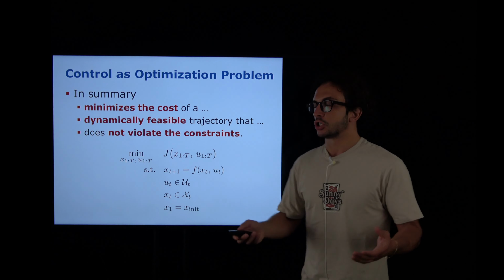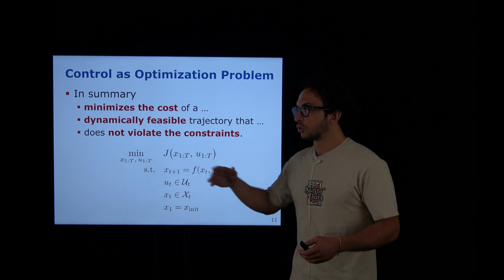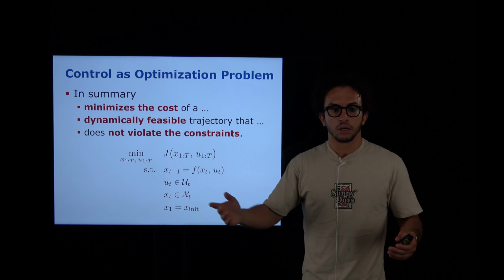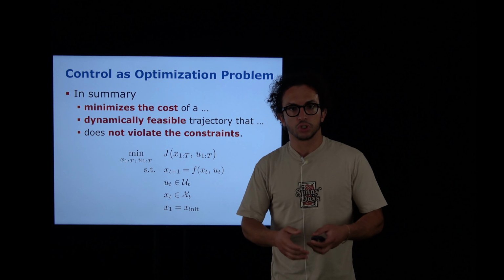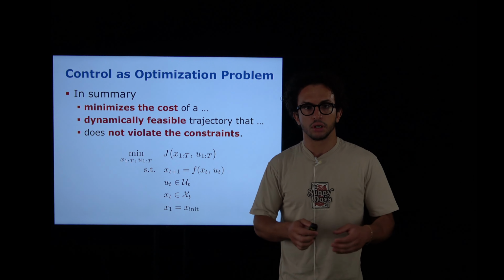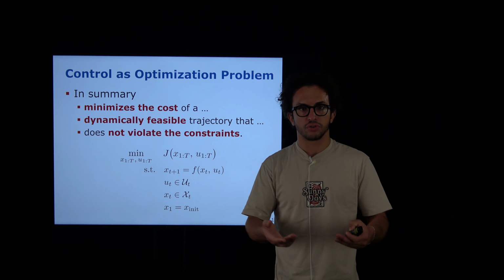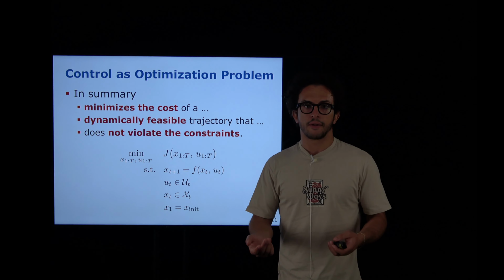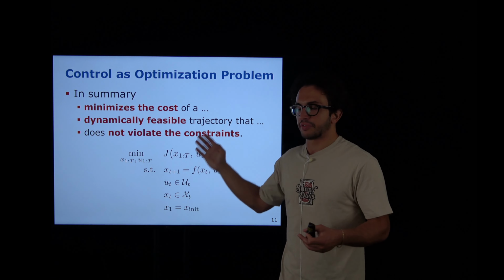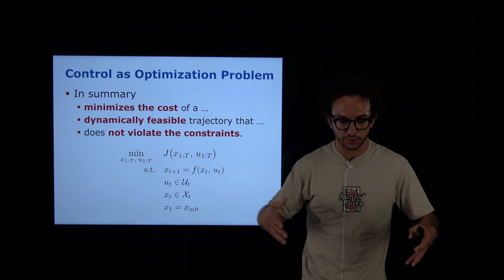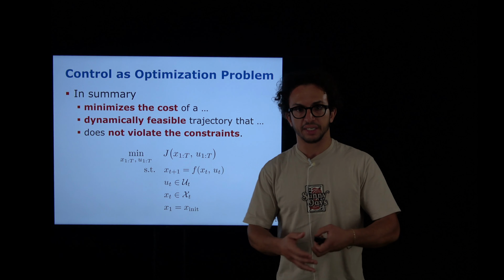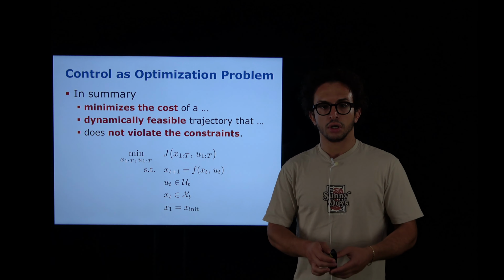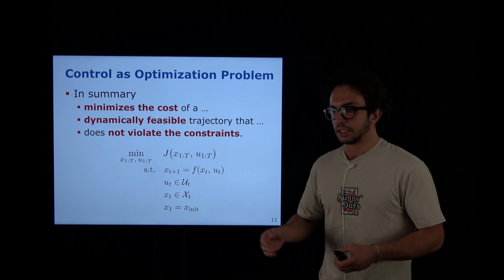So basically the optimization problem will be something like, we want to minimize the cost of a certain trajectory, which is of course a feasible trajectory, because we want to find a feasible trajectory for our system that does not violate the constraints. And of course, this is in terms of a trajectory, so for an autonomous car or a robot moving around, but it can be any control system that you're dealing with.